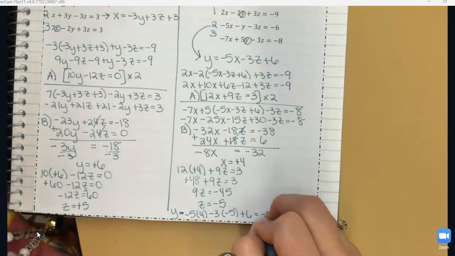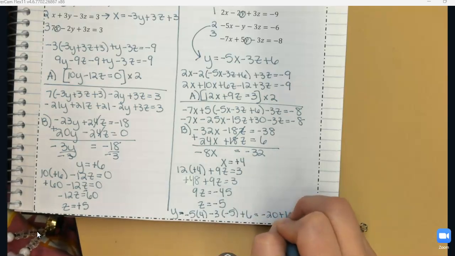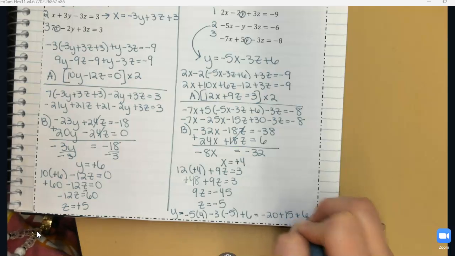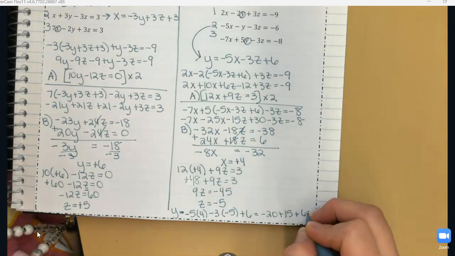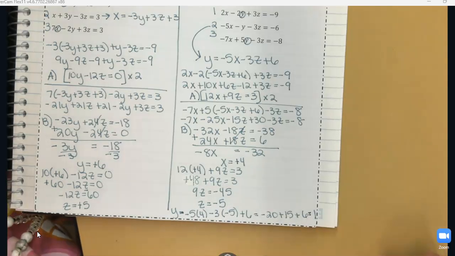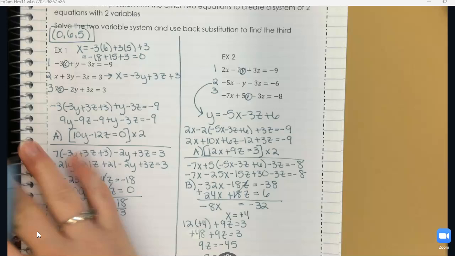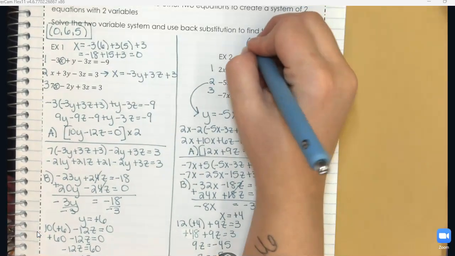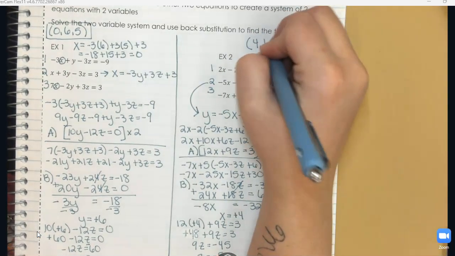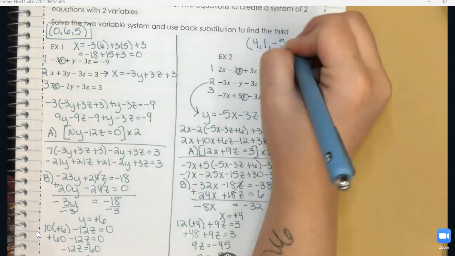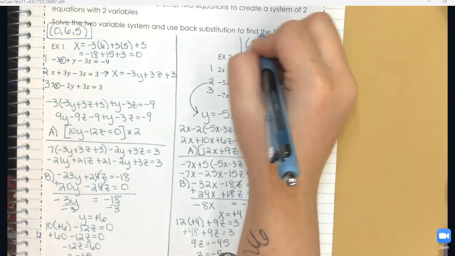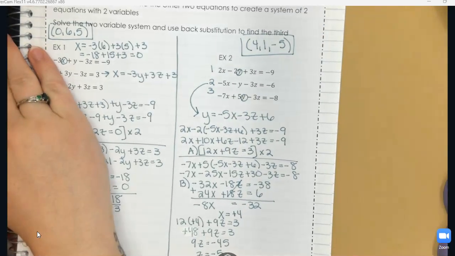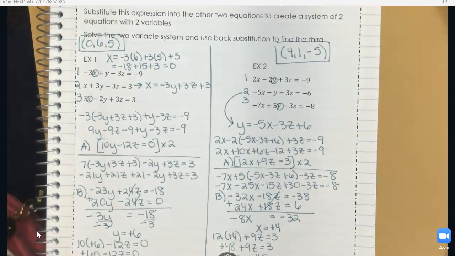So that is negative 20 plus 15 plus 6, which adds up to 1. So my ordered triple in order, x was 4, y was 1, and z was negative 5. So that concludes our video and lesson on using substitution. I am now going to record a separate one for elimination.